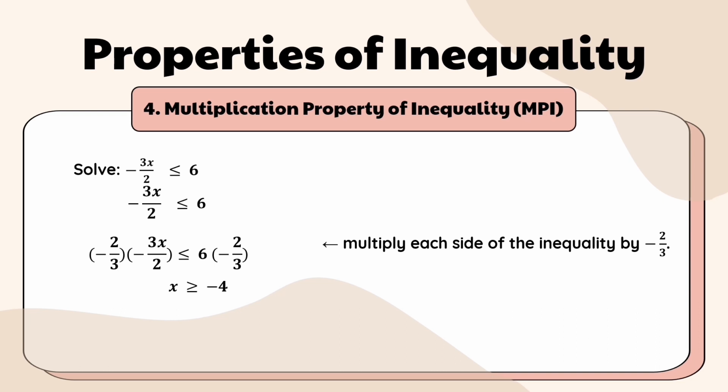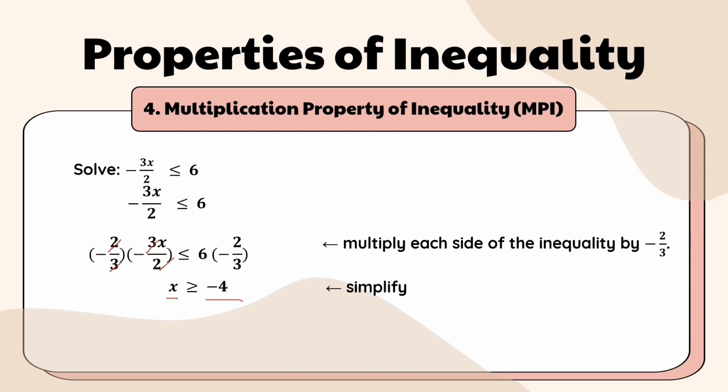We can cancel the 2 and 3 here, negative 2 over 3 and negative 3 over 2. And the remaining term here is x, less than or equal to 6 times negative 2 over 3, which is equal to negative 4.